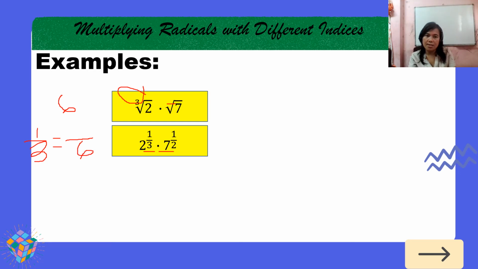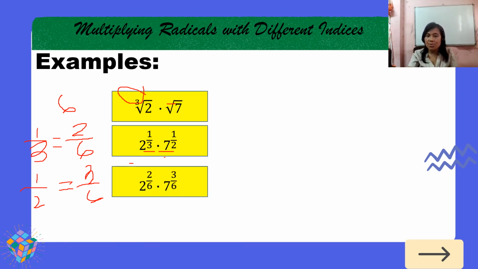Okay? 6 divided by 3 is 2 times 1. So, meron tayong 2. Si 1/2, ganun din yung gagawin. Meron tayong 6 ulit. So, 6 divided by 2 is 3 times 1. So, meron tayong 3. Okay? So, ito na yung maging exponents ng 2 tsaka 7. So, 2 raised to 2 over 6 and 7 raised to 3 over 6.